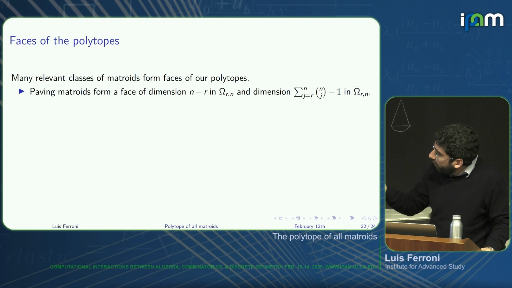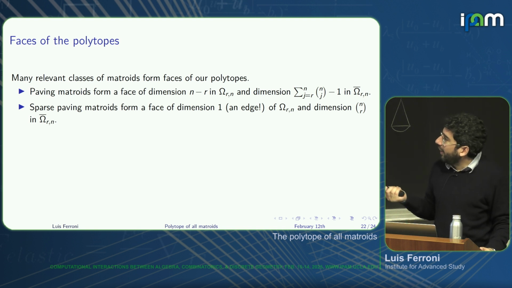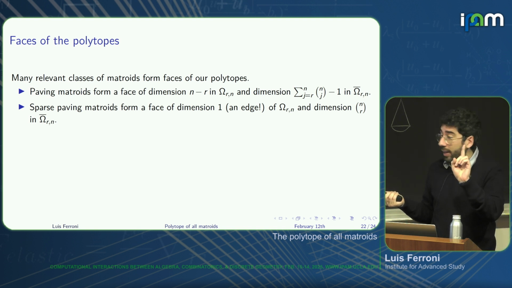So paving matroids form a face. That is relatively easy to see. The dimension counting is not so easy, but you can prove that paving matroids form a face of dimension n minus r in this polytope, and this complicated sum in the labeled polytope. Sparse paving matroids form a face of dimension 1, and that is pretty surprising.